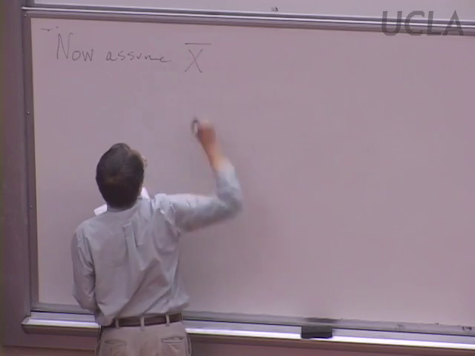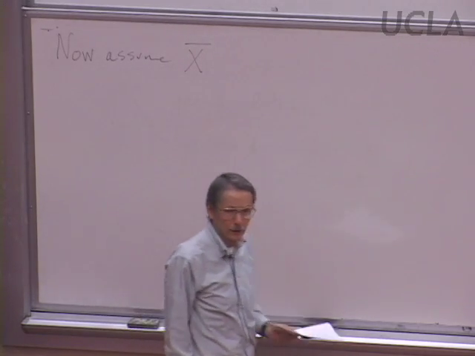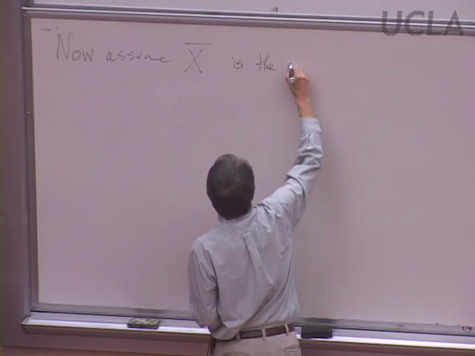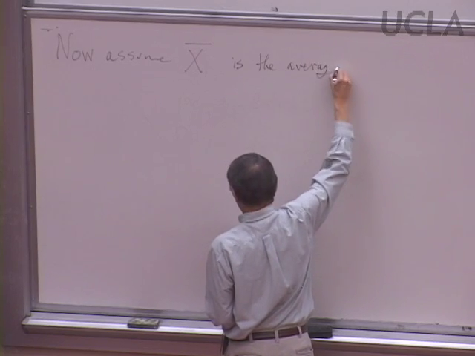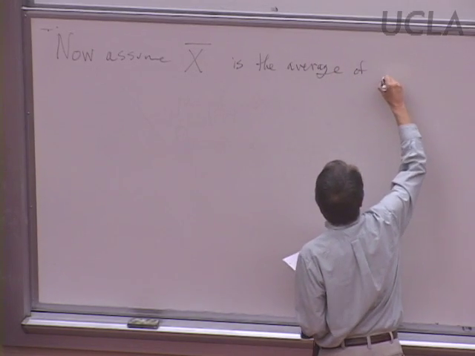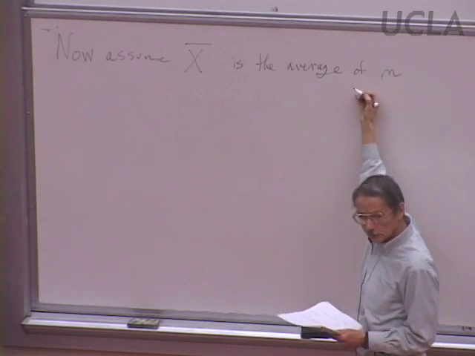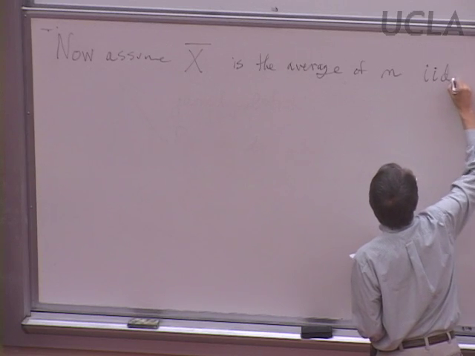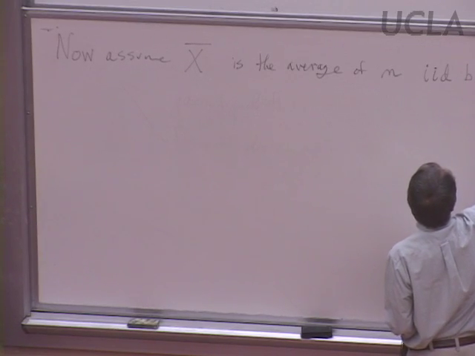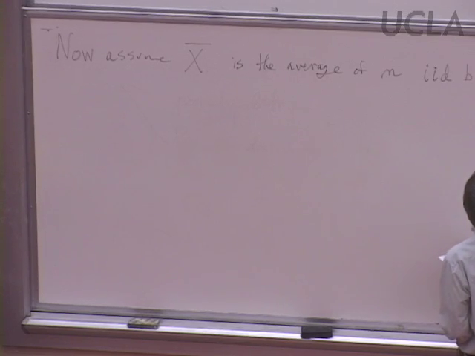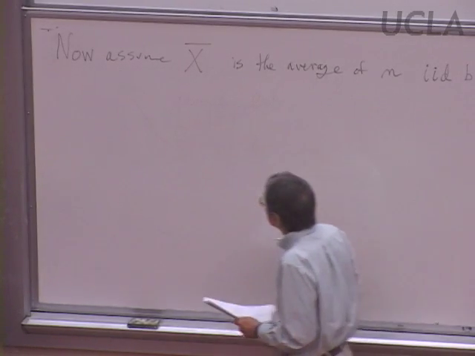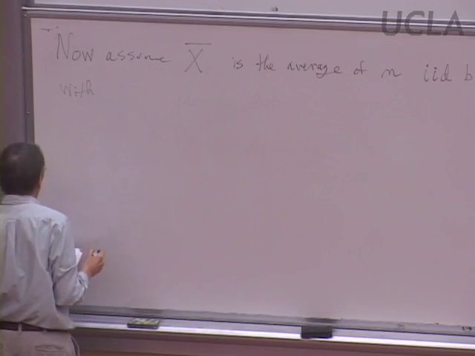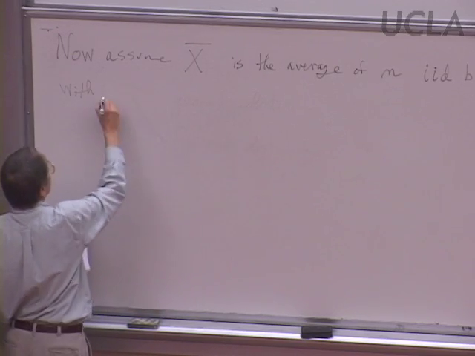So say we have a different random variable, which we'll call x bar. This is the average of some number, say n of them, independent, identically distributed binary variables, with some unknown mean.